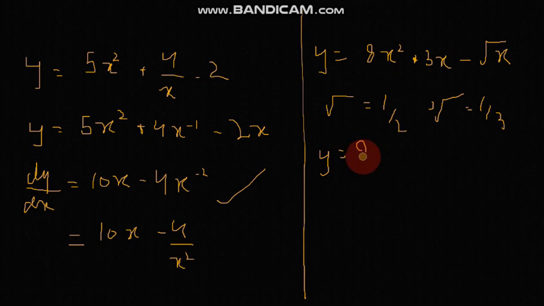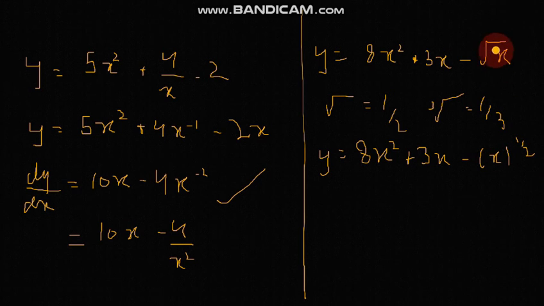this can be written as 8x squared plus 3x minus x with the power half. I hope you guys have understood it. Why have we written this x with power half?